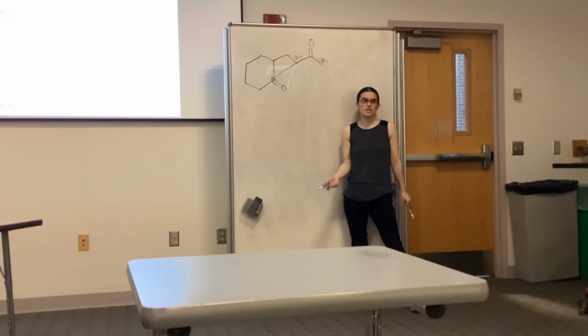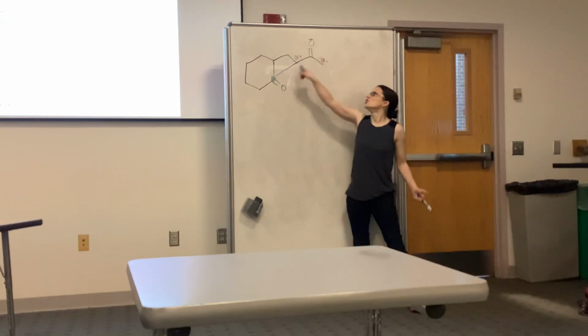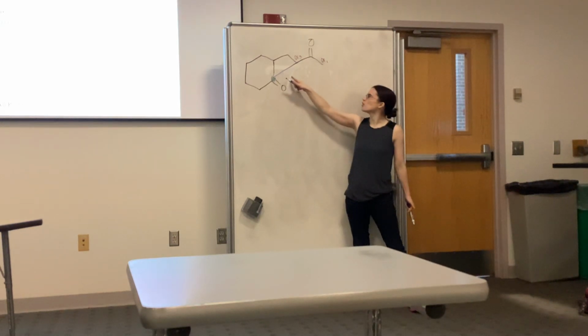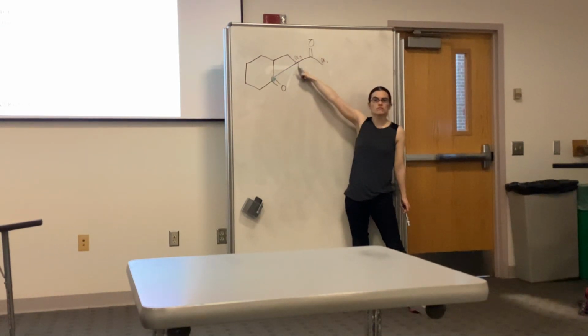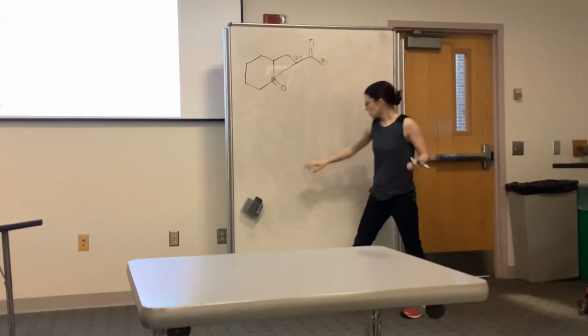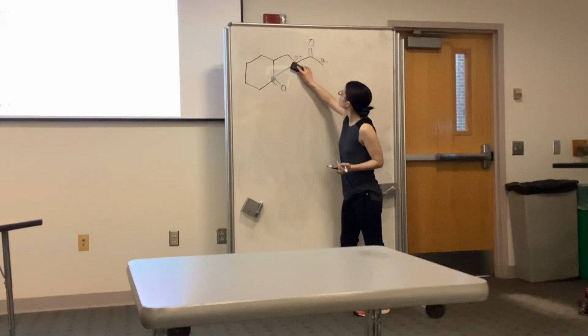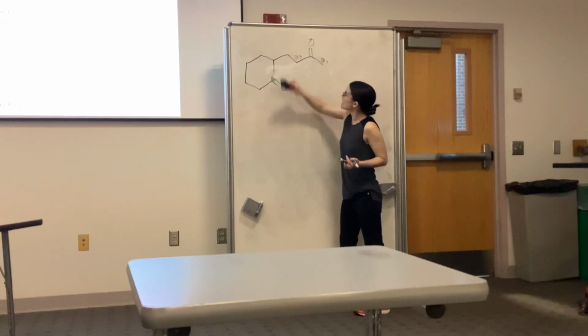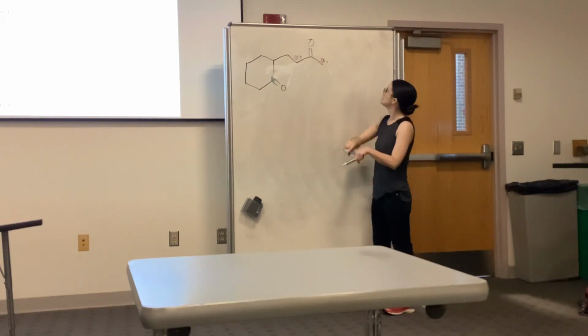Nature hates this. So even though the enol on this side, with the negative charge on alpha carbon 3, would be more stable and favored, that super doesn't happen, right?